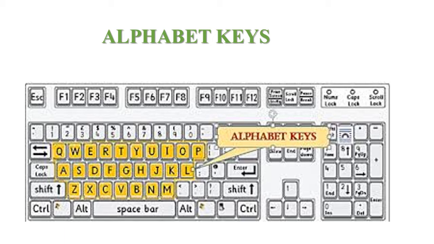See, the yellow colored keys are alphabet keys. The alphabets A to Z are misplaced, right? They will not be in order. These alphabet keys are used for typing letters and words. To type your name or your school name or your parents' or friend's name, you will use these alphabet keys, okay?